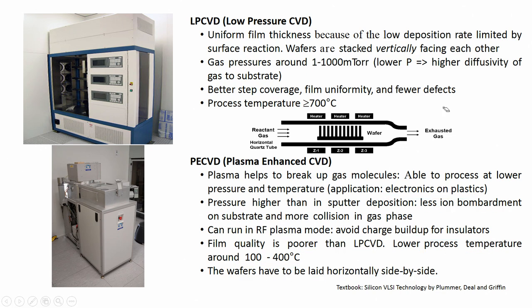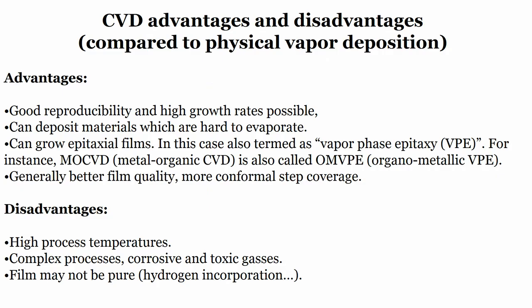Now, I want to see the advantages and disadvantages of chemical vapor deposition over physical vapor deposition. If there is a question asking, when I compare CVD with respect to PVD, what are the advantages of CVD over PVD, and what are the disadvantages, alright. So, the first advantage is good reproducibility and high growth rates possible.